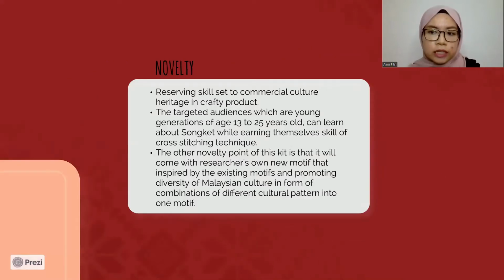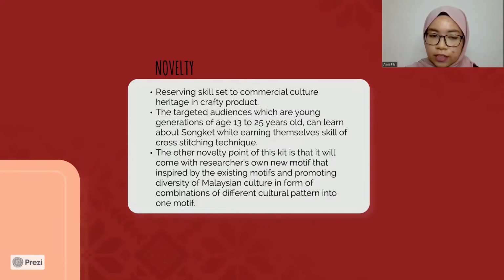The novelty of this project is reserving a skill set to commercialize cultural heritage in a crafty product, and the target audience is from the pool of the young generation aged 13 to 25 years old, who can learn about Songket while earning themselves the skill of the cross-stitching technique.